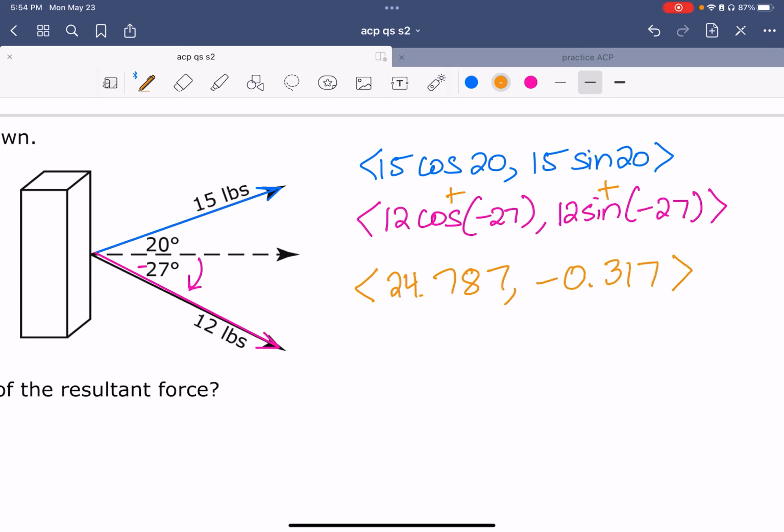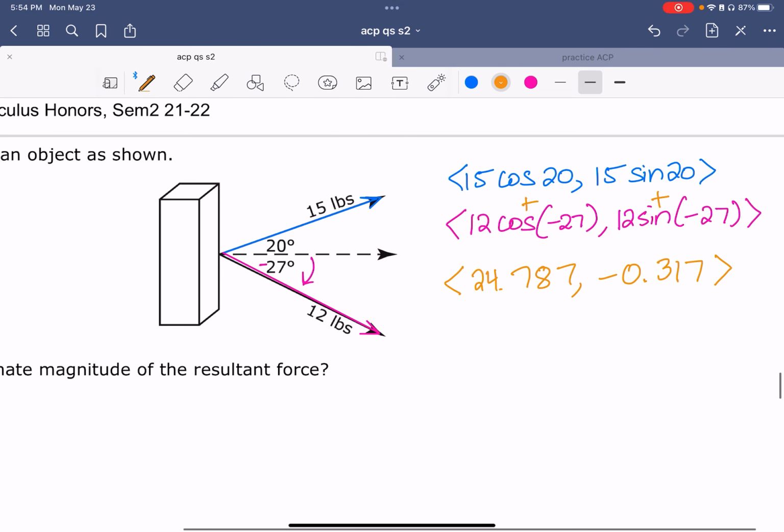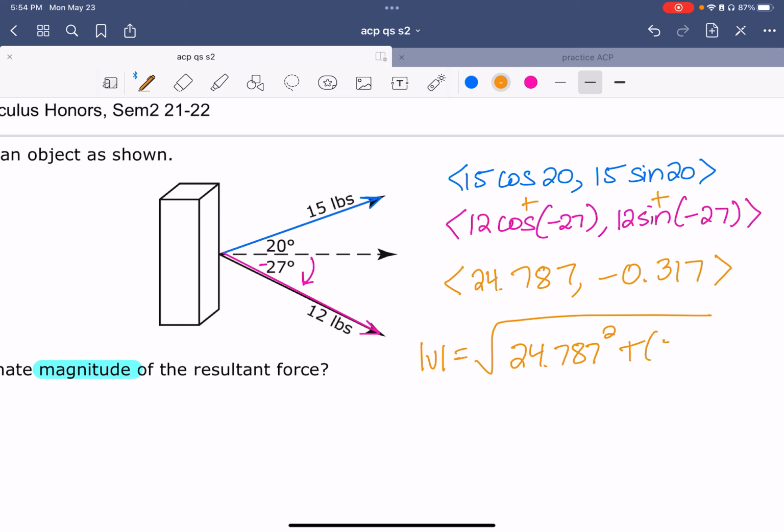Okay, now we're looking for the magnitude. That's what the question is asking. Find the magnitude. So the magnitude is equal to square root of a squared plus b squared. And a is the x coordinate, b is the y coordinate. And make sure it's in parentheses. Okay, so let's go back over here.